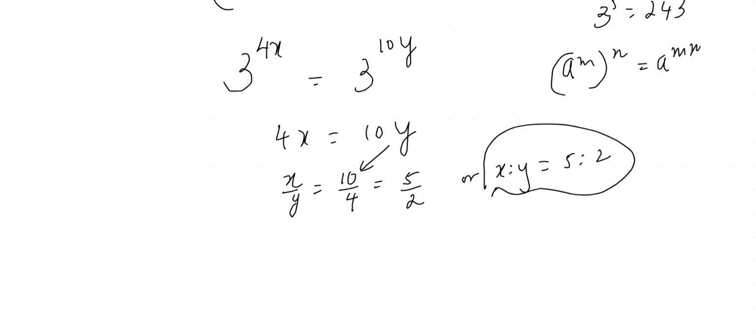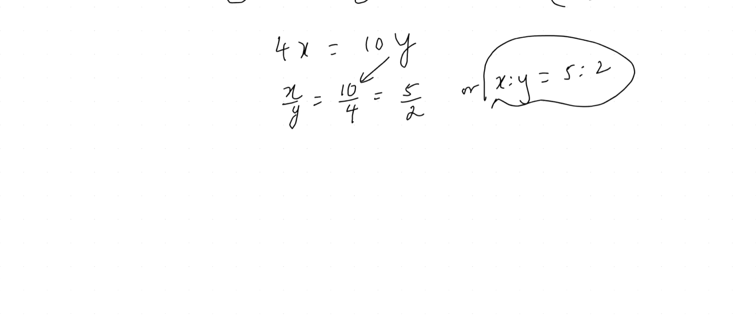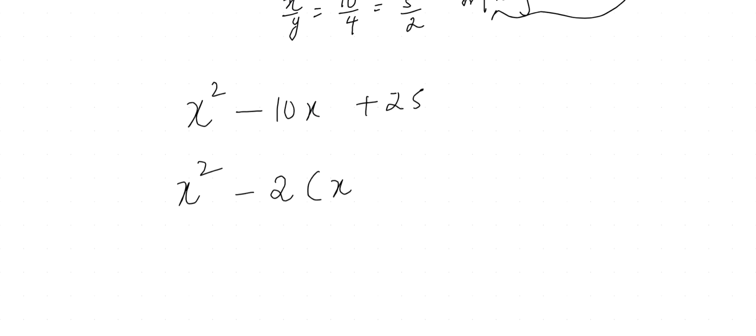Then you should be knowing factorization of square trinomials. For example, if I give you x square minus, let's say, 10x plus 25, small example. You can factorize it, but you can also identify this as x square minus 2 into x into 5 plus 5 square. Isn't it?